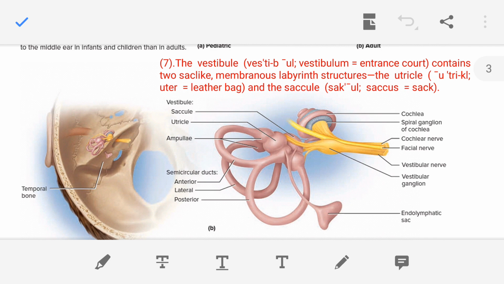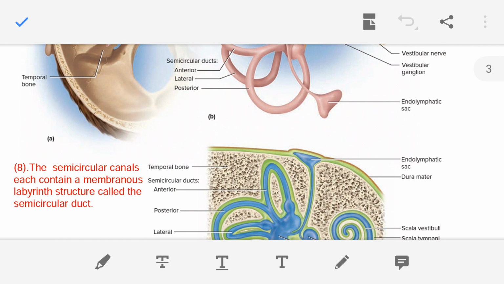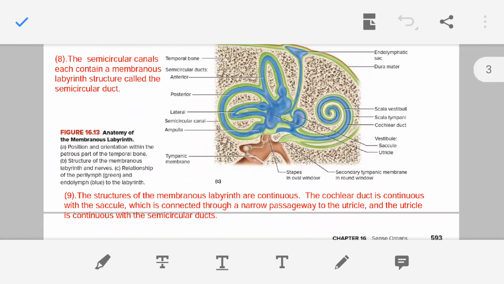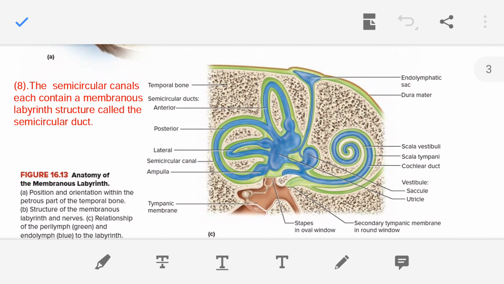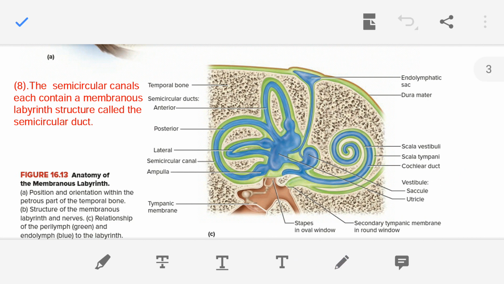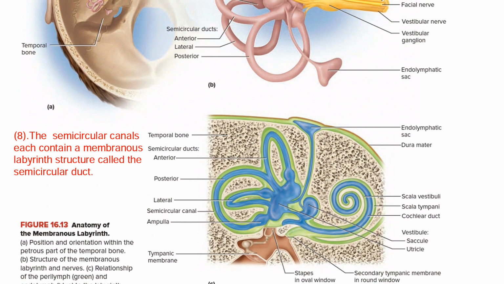Now one more figure. In this figure they are showing the vestibule. So this portion is the saccule, and this one is the utricle. Okay, so I am showing you this entire figure.